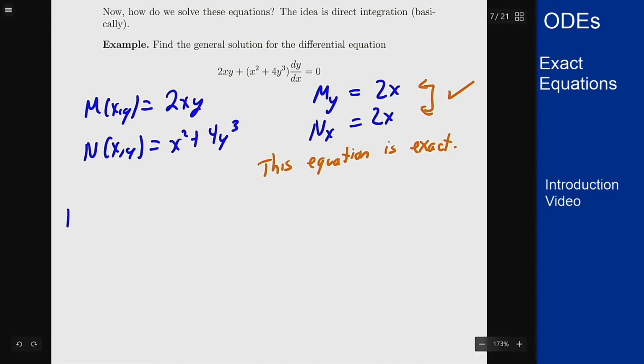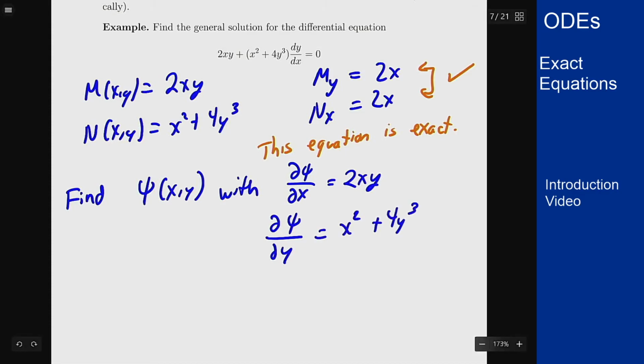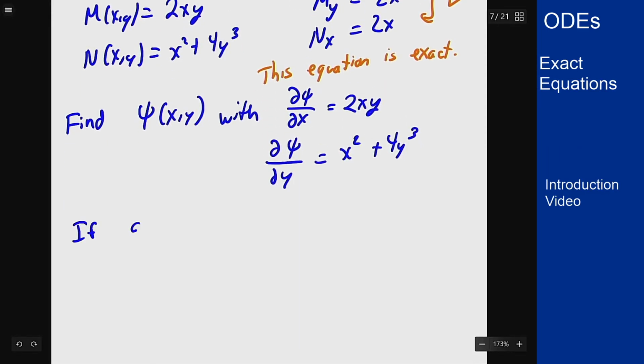I want to find the function psi of x,y, and I'm given two facts, because I know what M and N have to be. So I know that the derivative of this function with respect to x is 2xy, and its derivative with respect to y is x squared plus 4y cubed. Let's start with the x derivative here. If d psi/dx equals 2xy, then I want to just integrate.